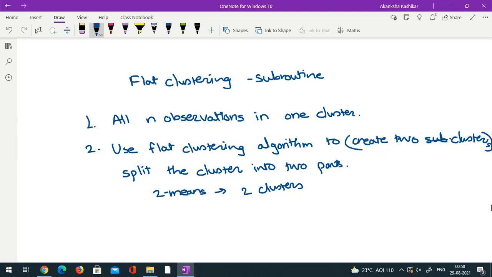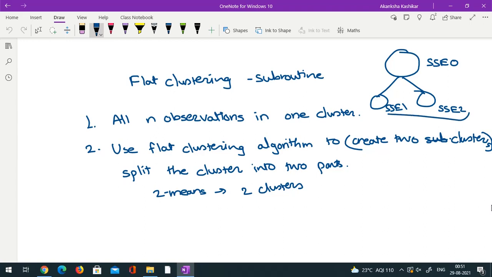When you have everything in one group, your error sum of squares is going to be, let's say, SSE naught, and when you split you are going to have say SSE1 and SSE2. So SSE naught is going to be of course higher than SSE1 and SSE2.